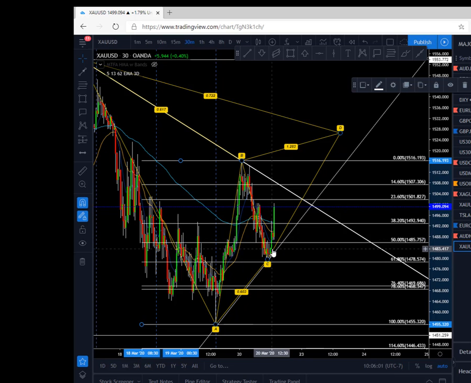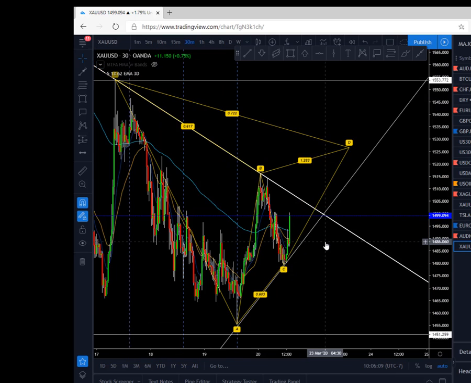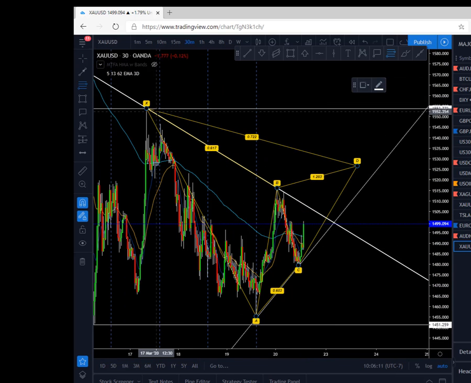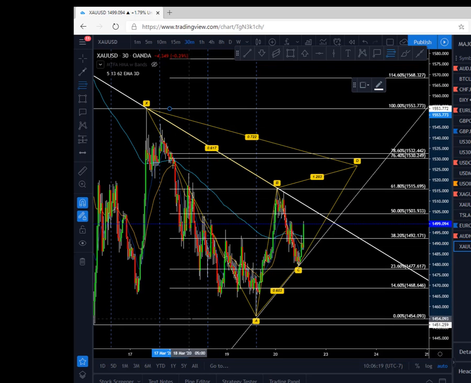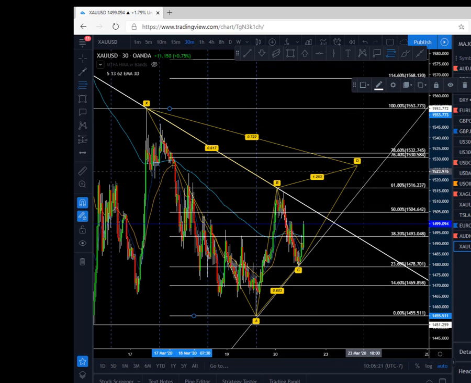Although it didn't, it exceeded the minimum, which is the 38.2. And for the D point on Gartley, using fib retracement from X to A, completes at the 78.6.